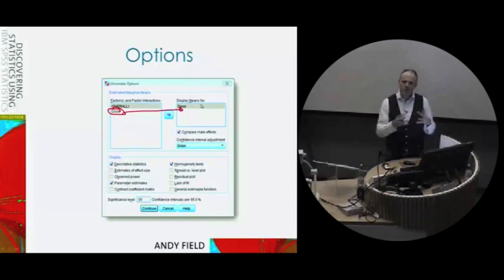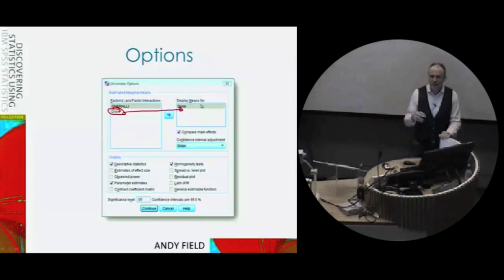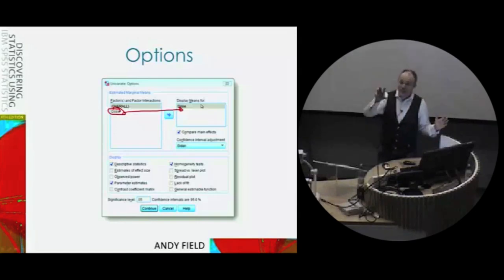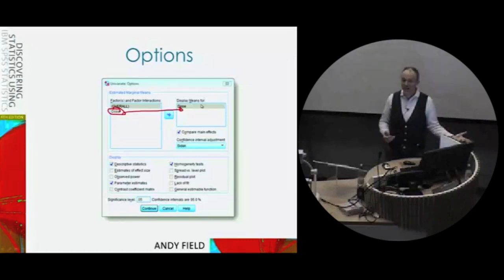So it actually gives you a table of means, and those means are the means that are actually being compared in the analysis. So if you computed means in the three groups, they will be different from the means that have been adjusted for the covariate, because by adjusting them for the covariate, they change. So it's really important to see what the new means are.